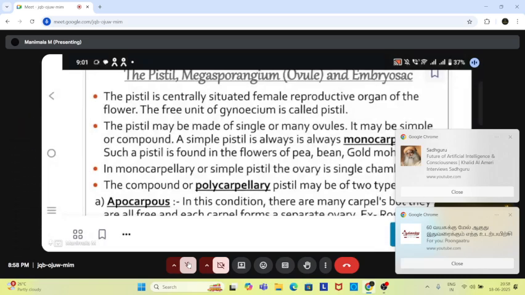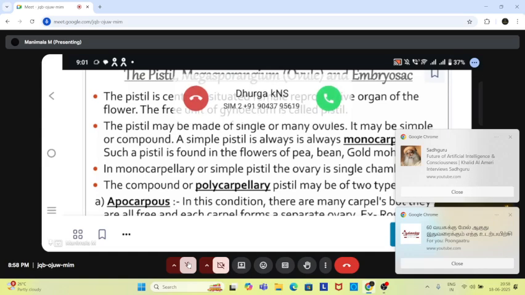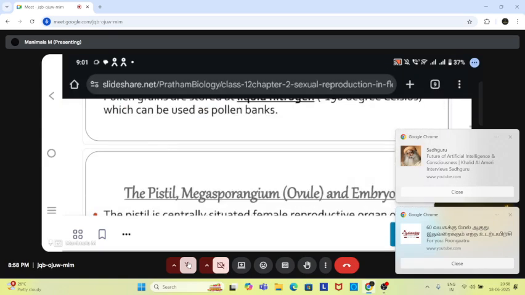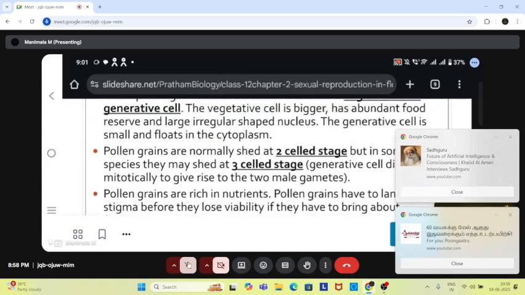So up to now, we have discussed the structure of the male gametophyte and how the pollen grains are produced, a TS of the microsporangium. We discussed what different layers there are, how the pollen grains are produced, microsporogenesis, and next, the development of the male gametophyte.